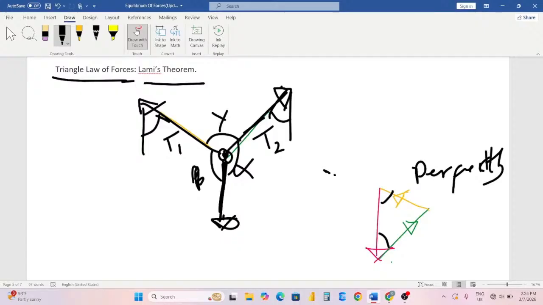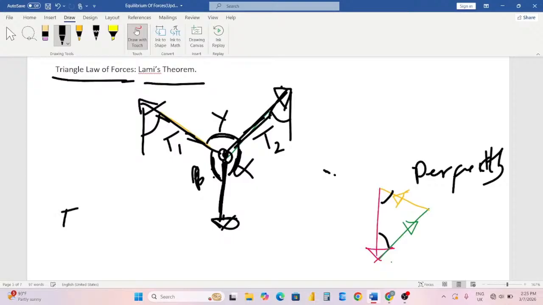All Lami is saying is that as long as there are three forces acting on a body to maintain it at equilibrium, this expression works fine. Each force and the angle opposite it can be expressed like this.